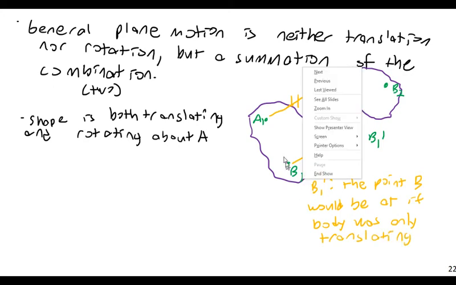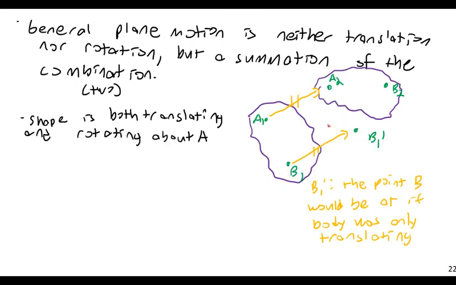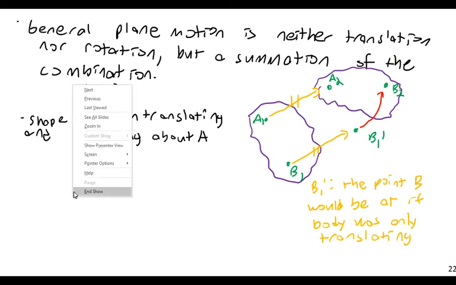And then I will also have a rotation. Instead of having just a translation, I also have a rotation about A, and that's what makes me go from B1 prime to B2. So the body actually rotates a bit as such.